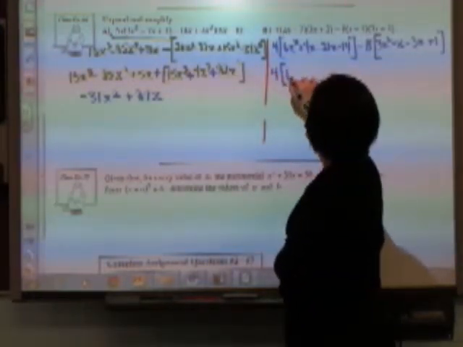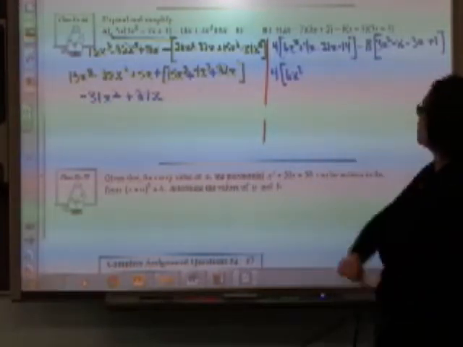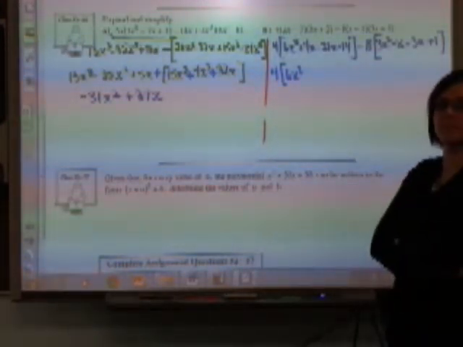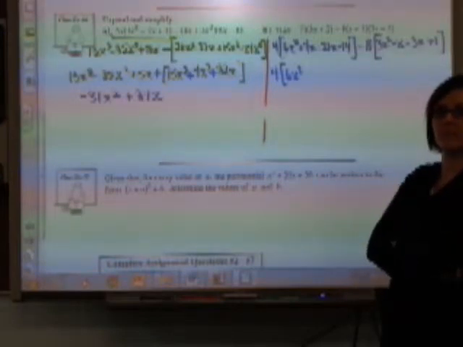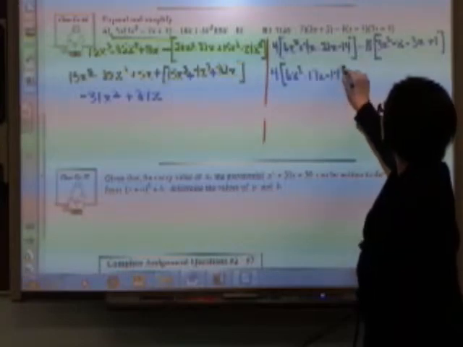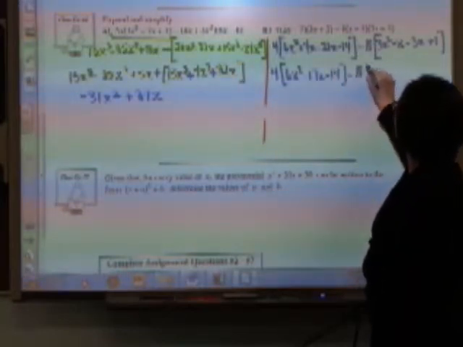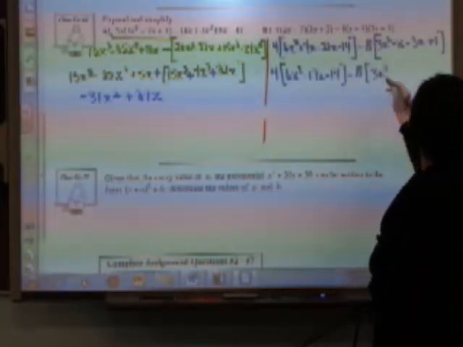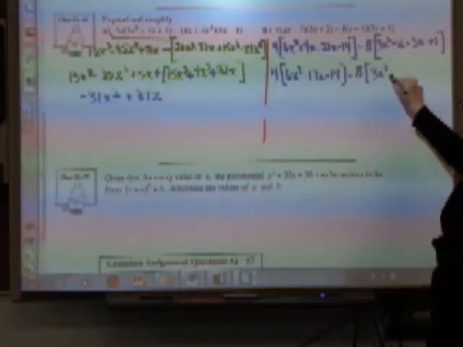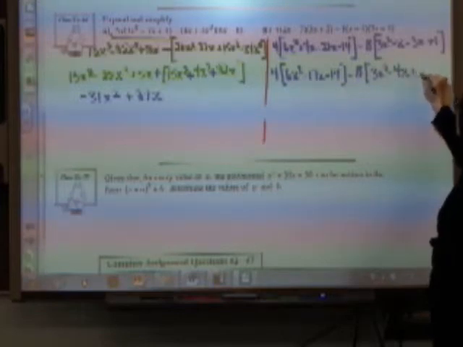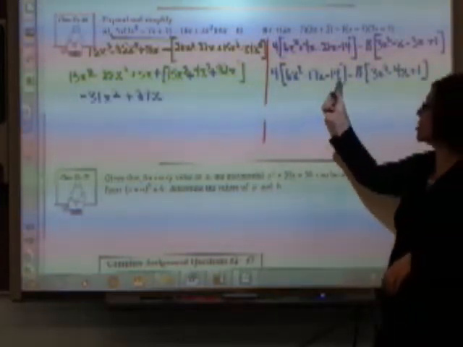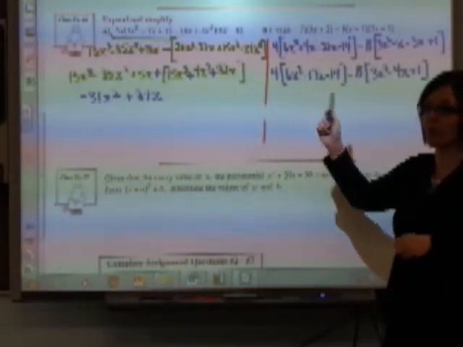Okay. So 6x squared, 4x minus 21x. Negative x and negative 3x. Now I would multiply the first term, or the first expression, by 4.